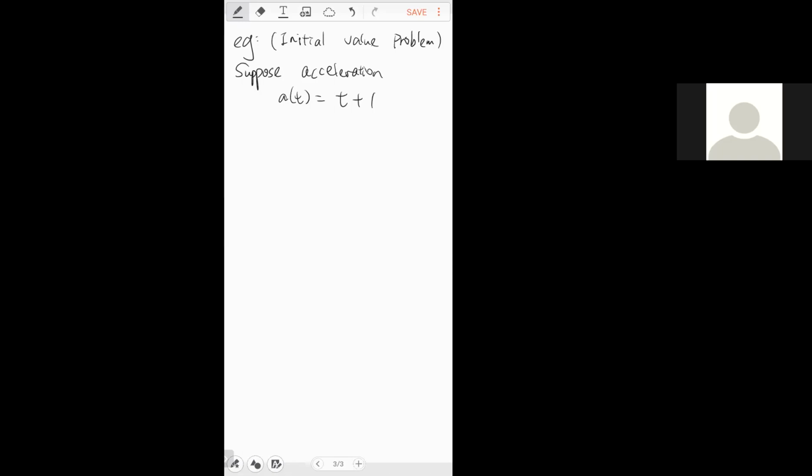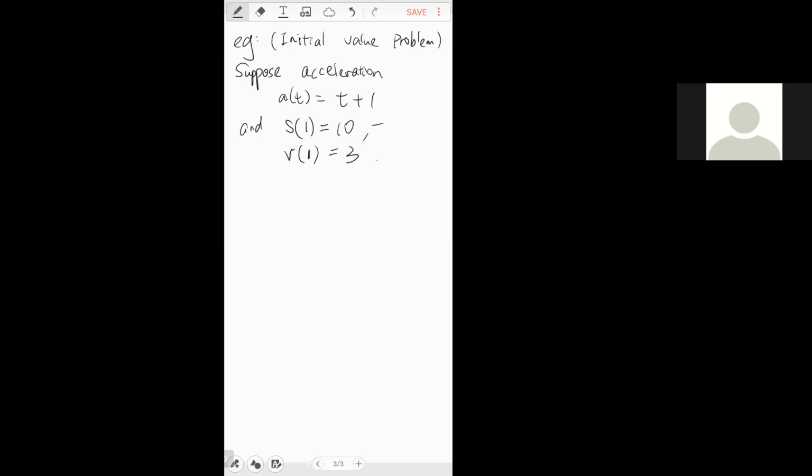So it's a function in terms of the time. And let's say you're given the information that the distance when t equals 1 is 10, and the velocity when t equals 1 is 3.